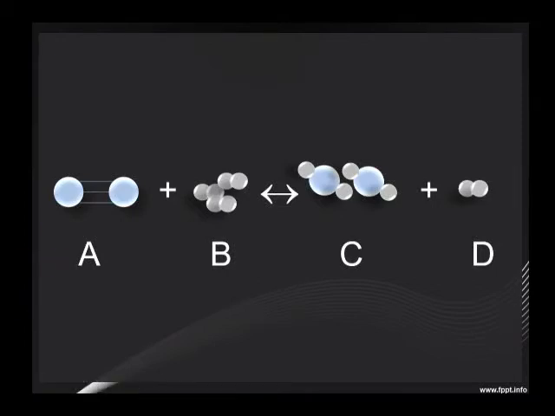What if we added heat to the reaction? So instead of A plus B is in dynamic equilibrium with C plus D, we're going to add some heat into the equation. So it's going to be A plus B plus heat. There is now heat in this equation, which is in equilibrium supposedly with C plus D, but since there is heat, it is not in equilibrium.